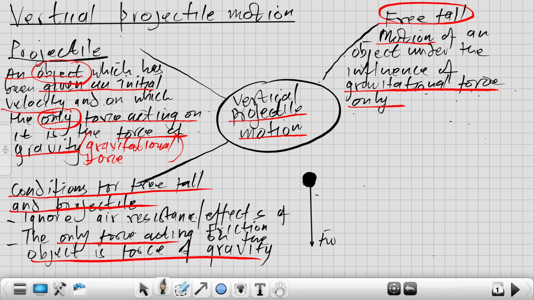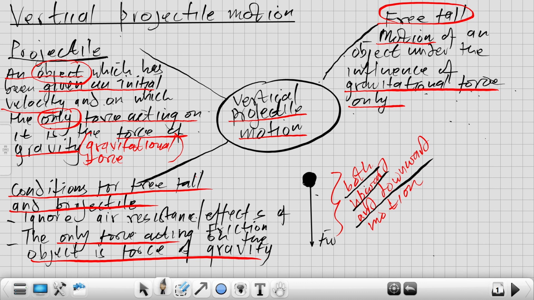So the only force acting on it, and I must emphasize that this is for both upward and downward motion. Whether it is going up or down, the free body diagram will remain the same because it is only experiencing FW.